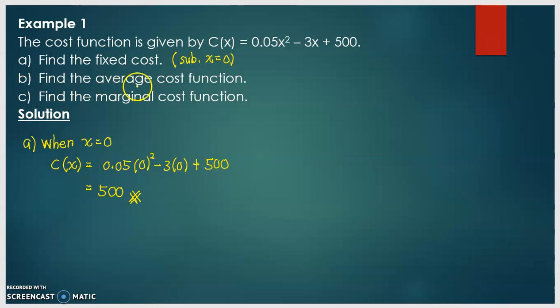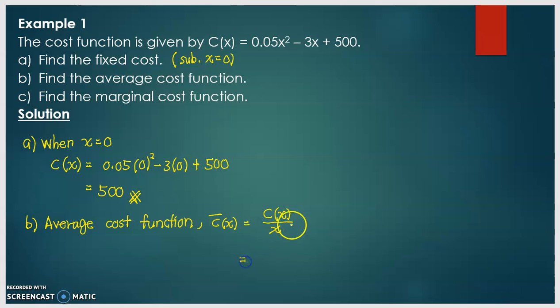So B, average cost function. For the average cost function, the symbol will be C-head of x, which is equal to the cost function divided by x.